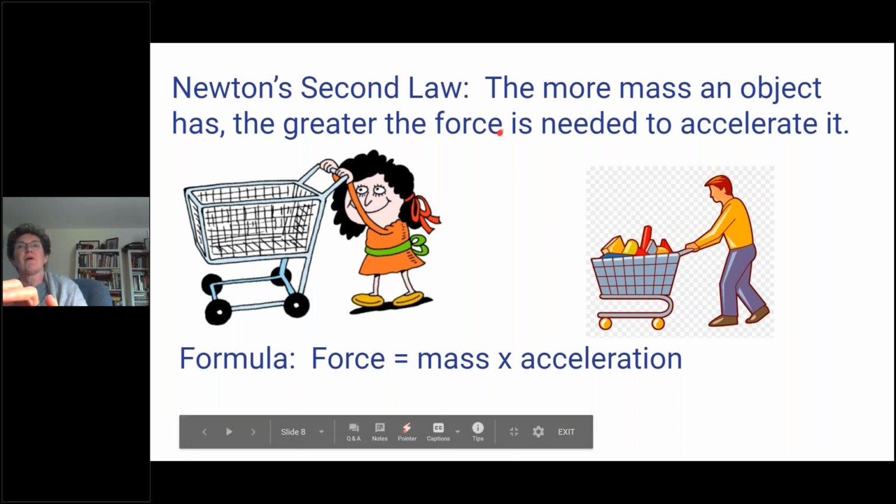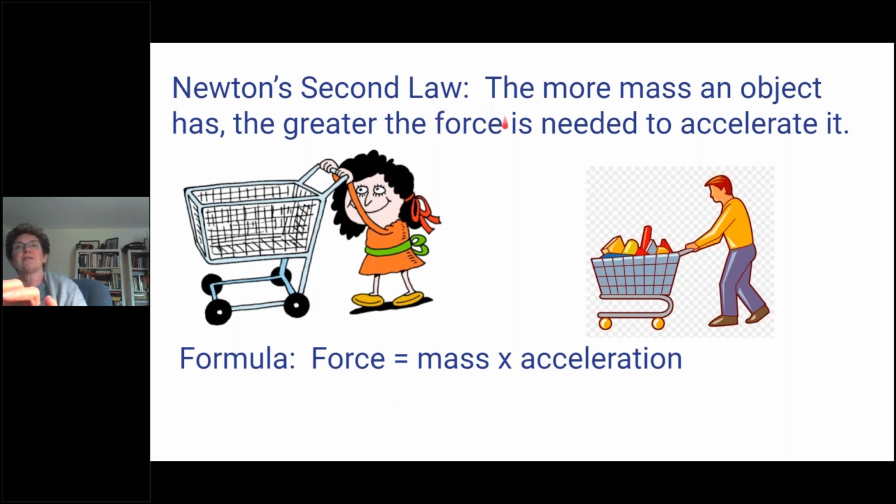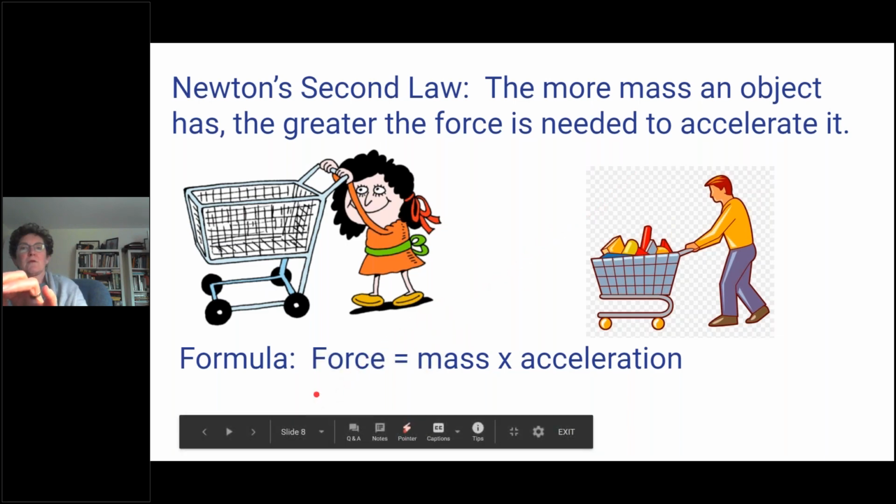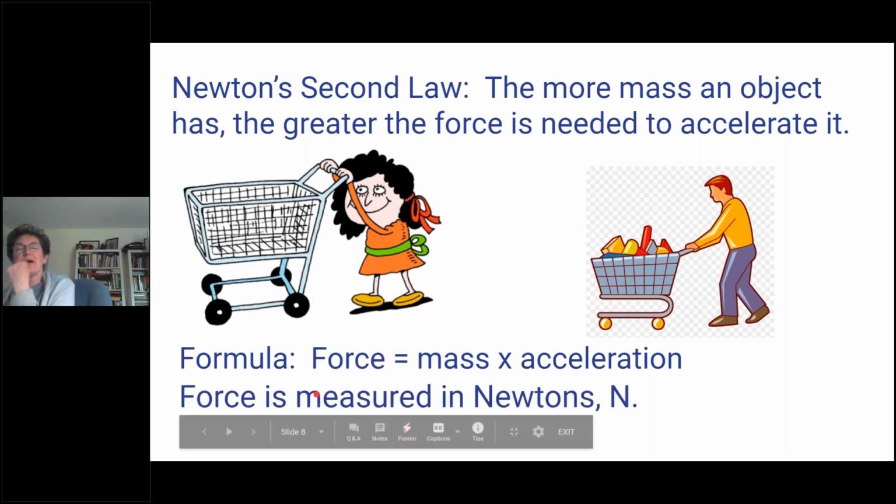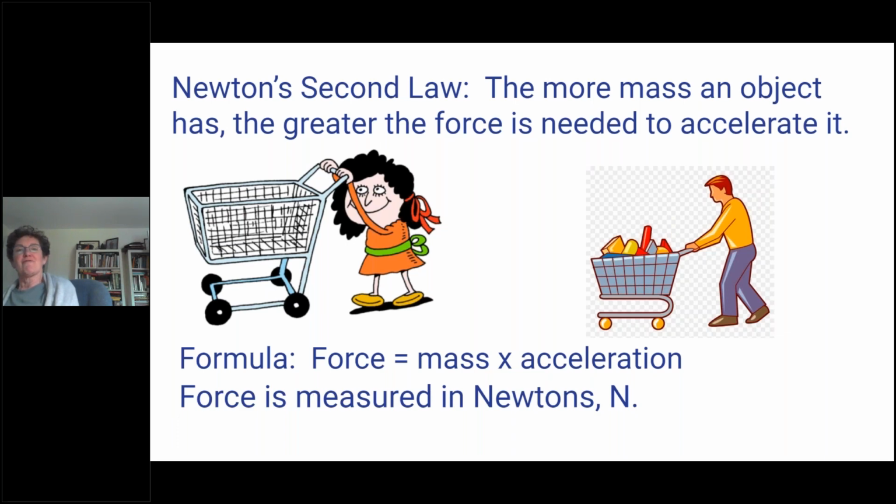So my force depends on how much mass an object has and how fast I want to move it, or how much I want it to move, how far I want it to go. Another important thing to note is that force is measured in a unit called newtons.